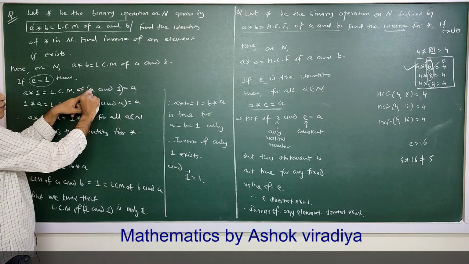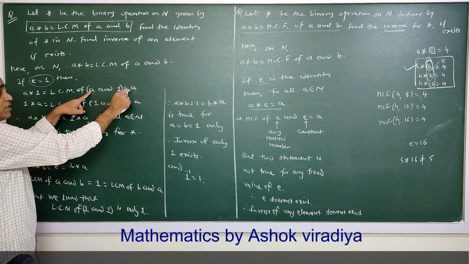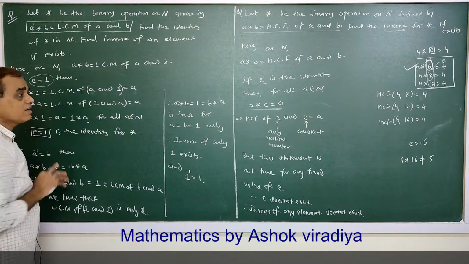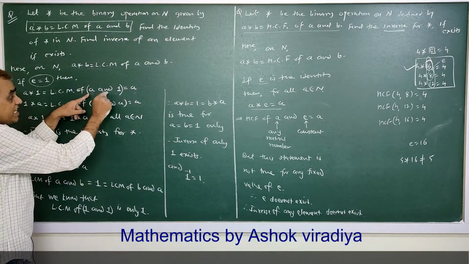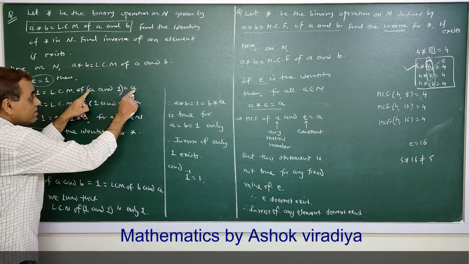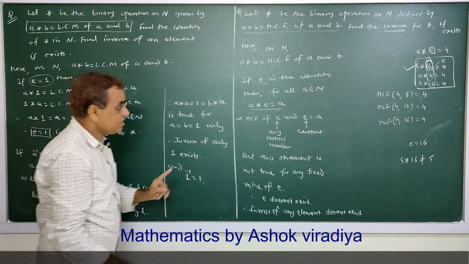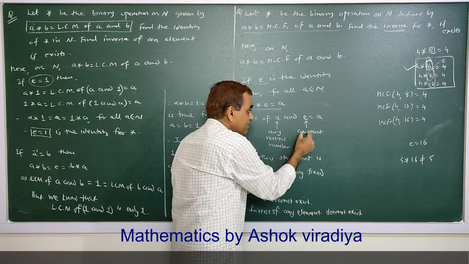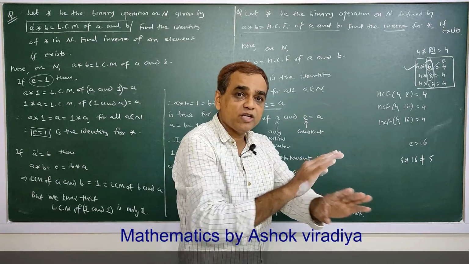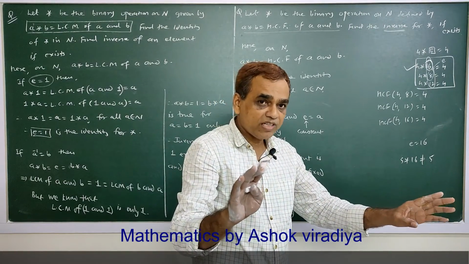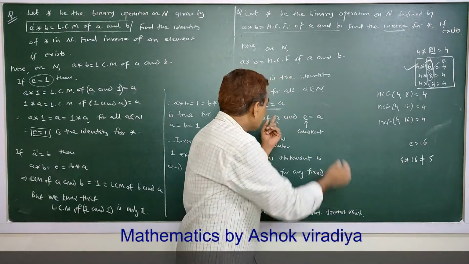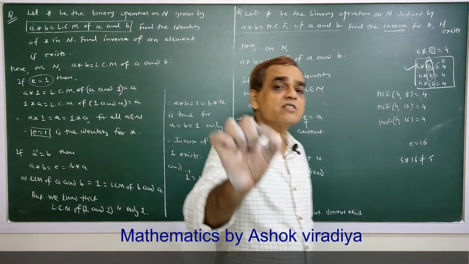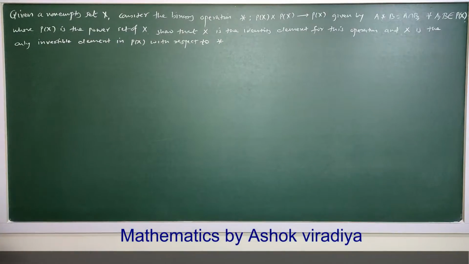HCF of 4 and 4 is 4. But HCF of 5 and 4 is not 5, HCF of 6 and 4 is not 6. These numbers remain the same. This must be fixed. There is no such value of E. Putting that value fixed and changing this number, it does not remain true. So here identity does not exist.